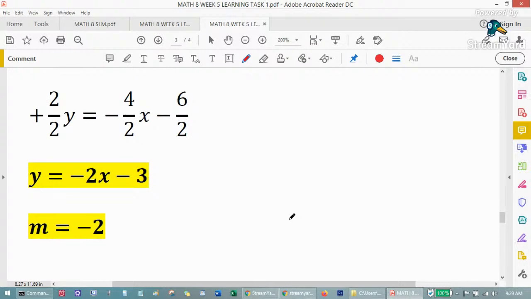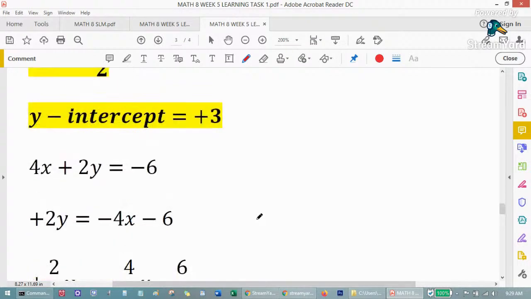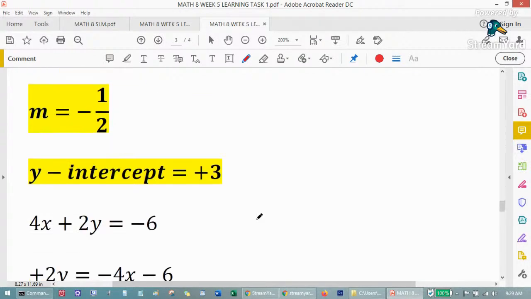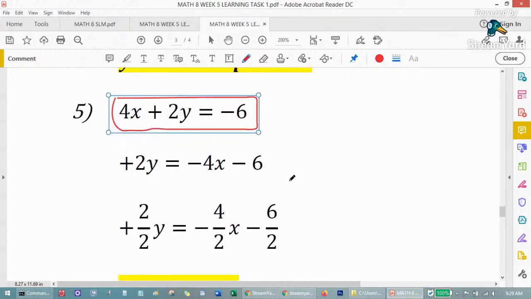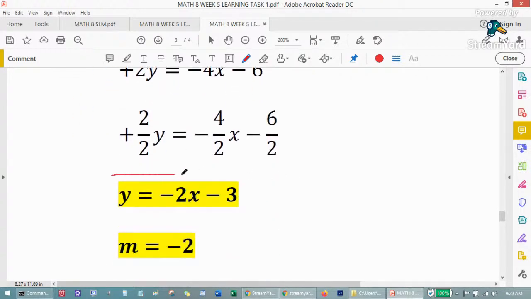Okay? So that is learning task 1. Again, ang umpisa ng learning task 1 is bibigyan kayo ng isang equation and then i-convert to slope intercept form. Kapag nasa slope intercept form na, malalaman na natin ang slope at saka ang y-intercept.